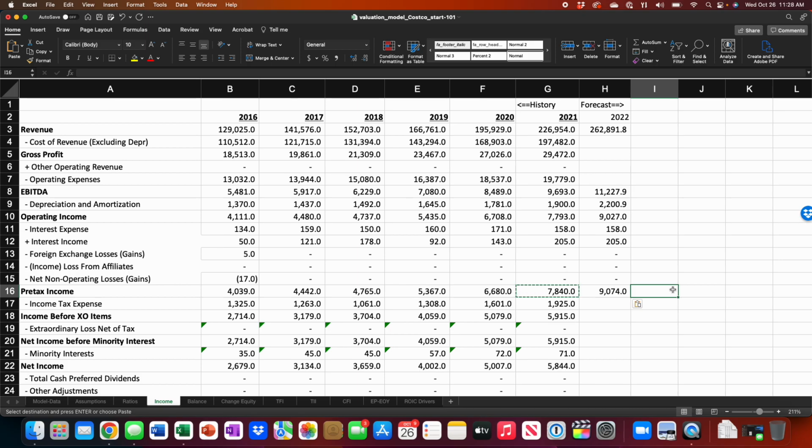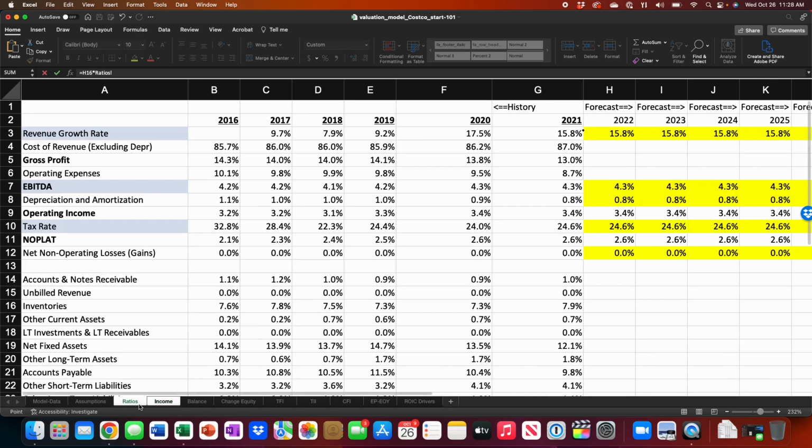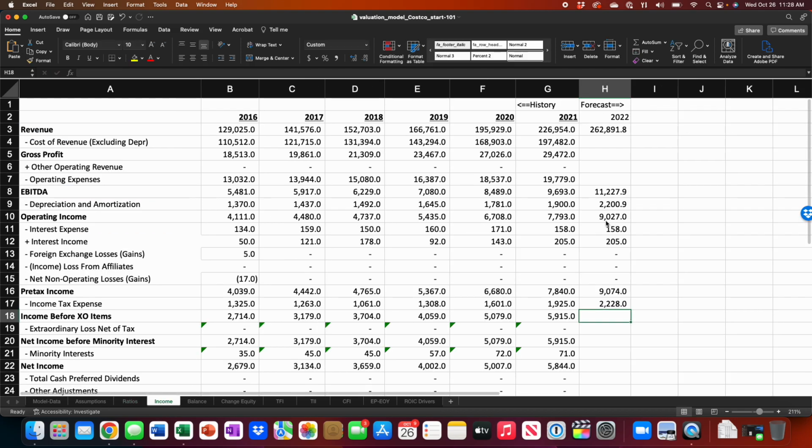All right, we forecast the tax rate in the ratios. So income tax expense equals the 9,074 times, from the ratios tab, income tax rate H10. 2,228 in taxes, equals pre-tax income minus income taxes, income before extraordinary items, 6,846.